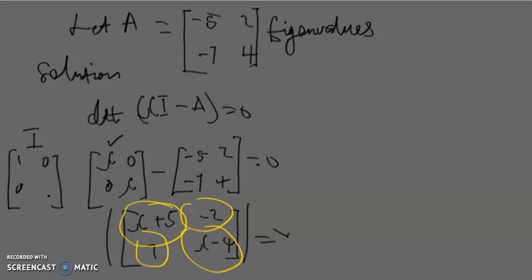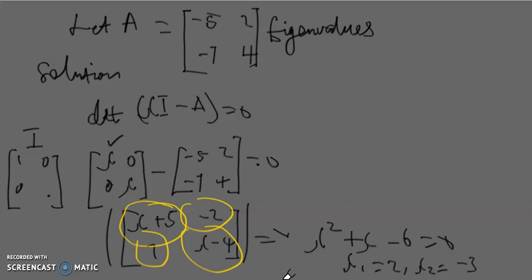And if you do that, we are going to end up with lambda squared plus lambda minus 6 is equal to 0, which means that lambda 1 is equal to 2, and lambda 2 is equal to -3 if we solve this equation.